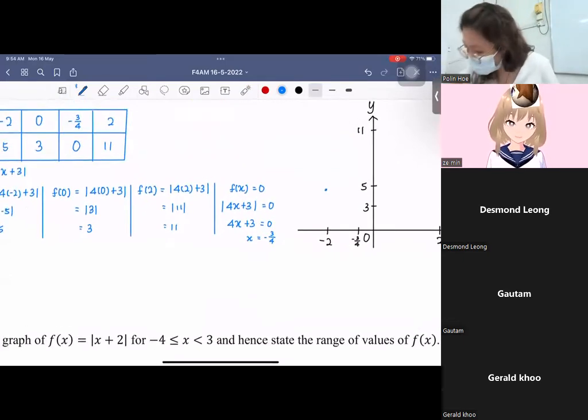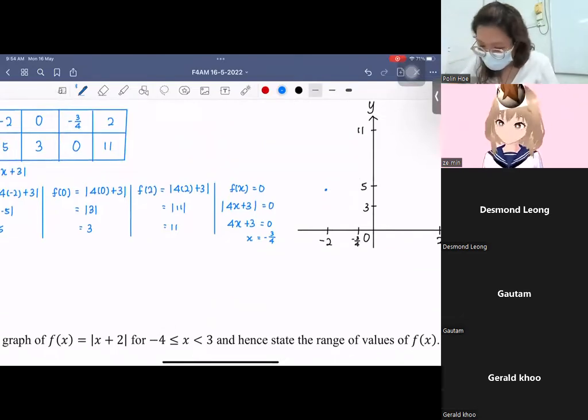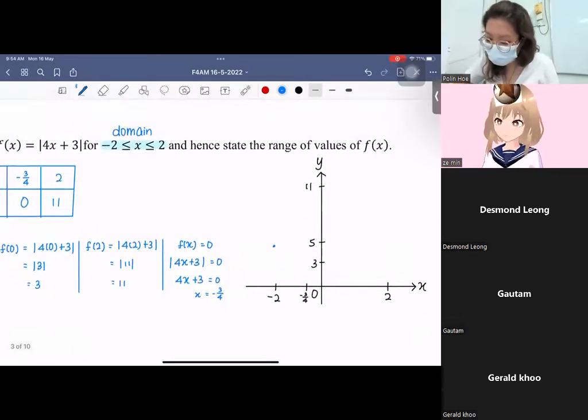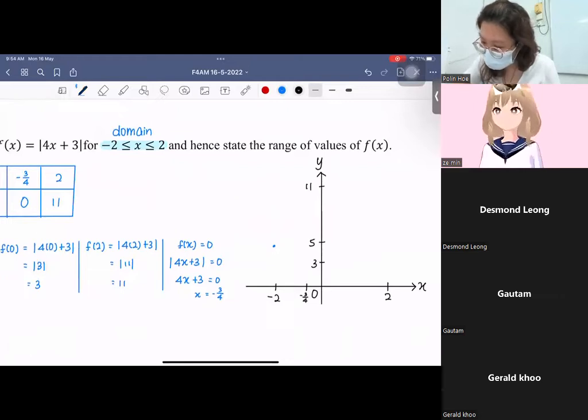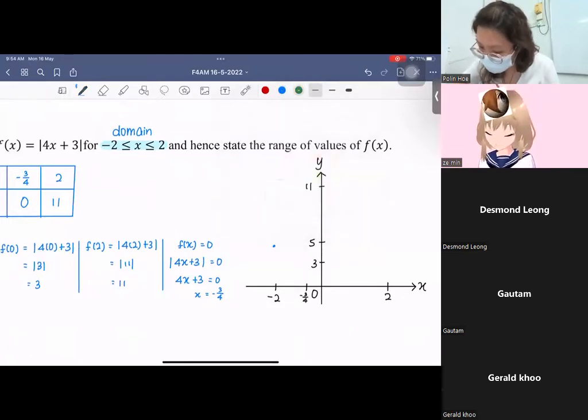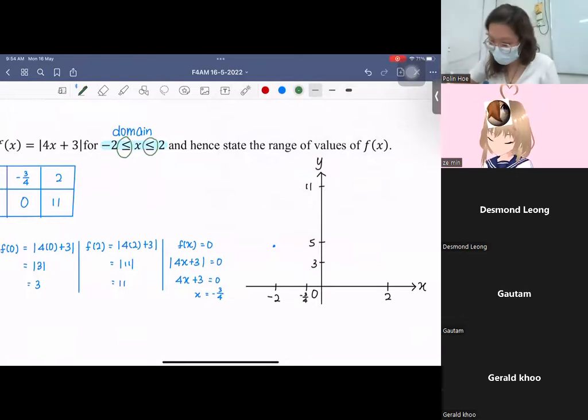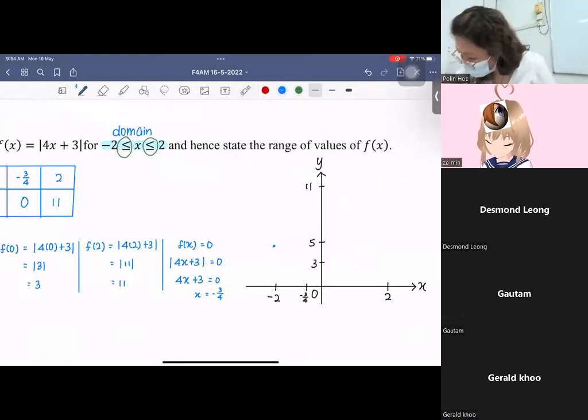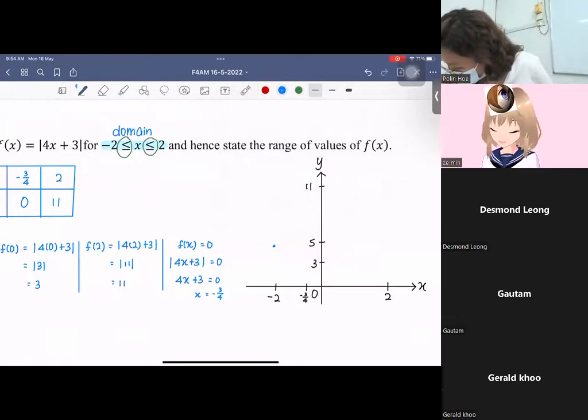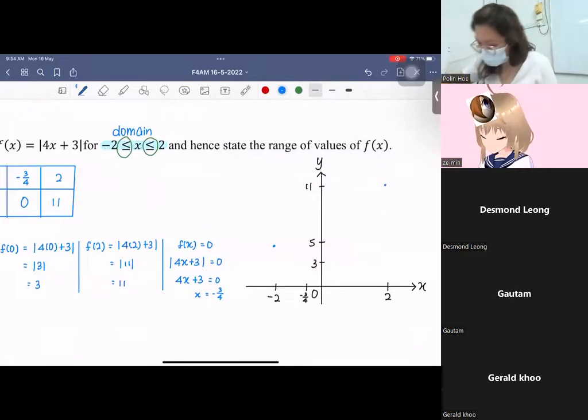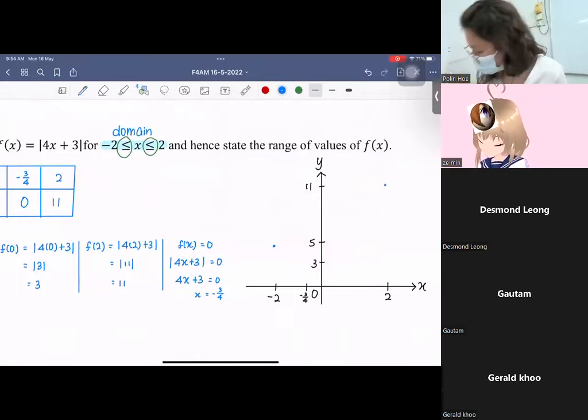After that, 0 and 3, and then -3/4, this one no problem. For 2 and 11, we just care about these two. These two are important. Okay, now we join.